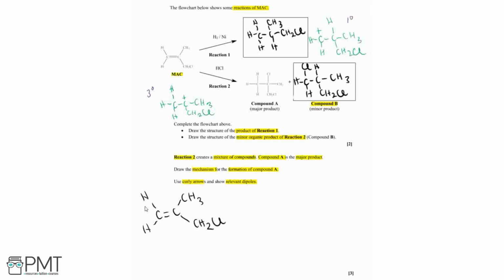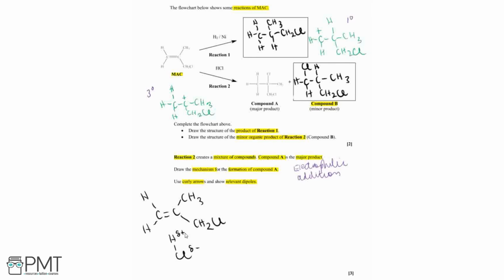So this is going to be reacting with HCl, and this is an electrophilic addition reaction where our HCl is acting as an electrophile. The reason why is because the chlorine is more electronegative than the hydrogen, therefore generating a permanent dipole where we've got our partial charges on these atoms.